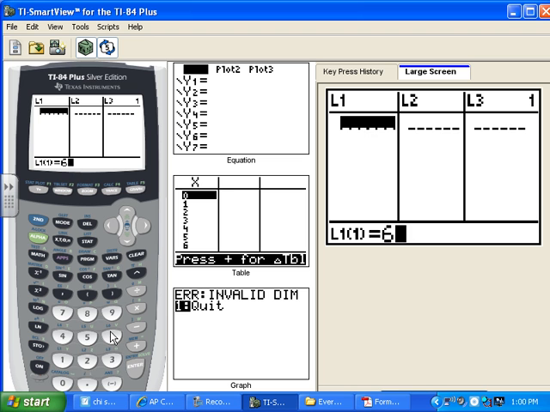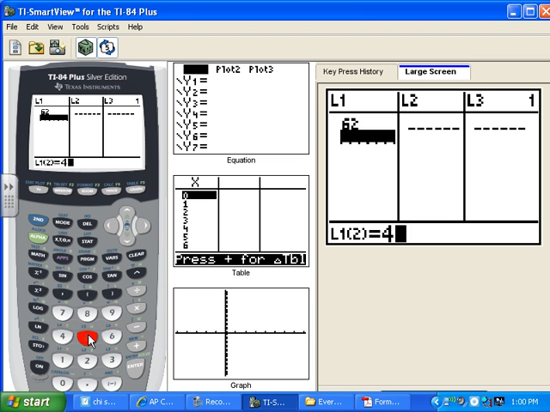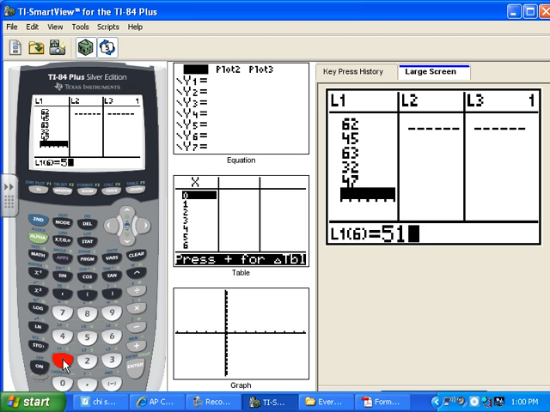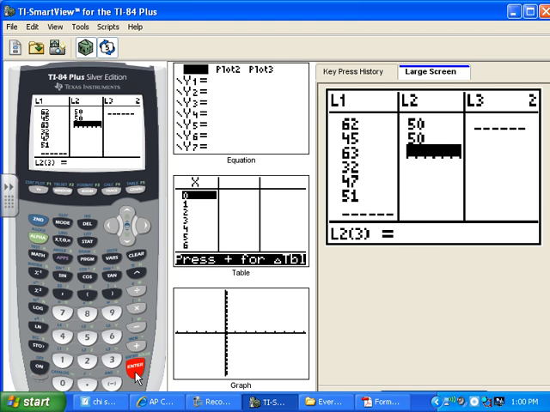What do we got? 62, 45, 63, 32. If you wanted to do this kind of by hand, then you'd go and put in list 2, 50, 50, 50, 50, 50, 50.